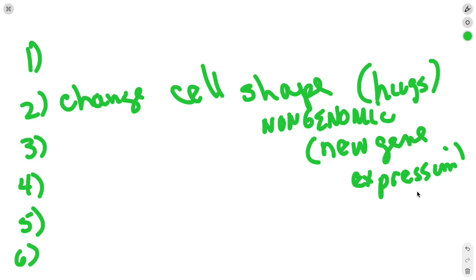Okay, what's another one that the cells make? Another thing that the cell is going to do, and we could maybe make it a set of things, is that it's going to kill that cell.